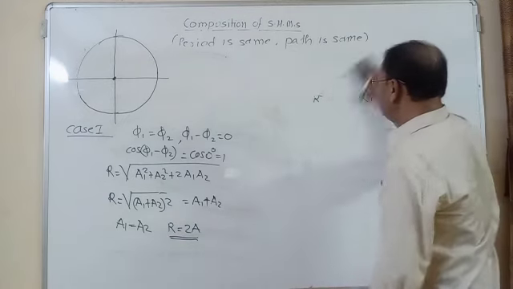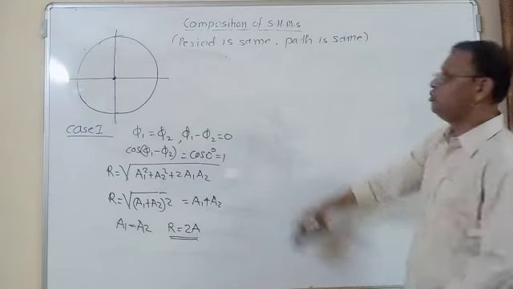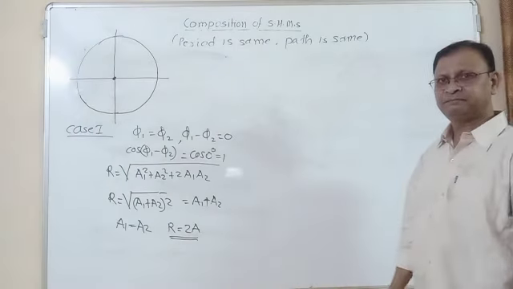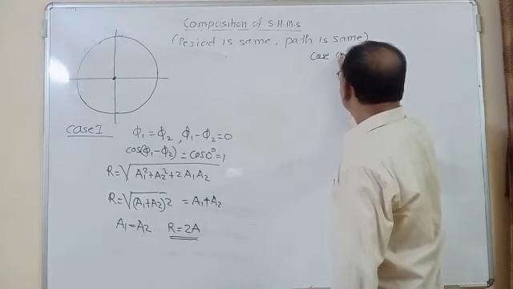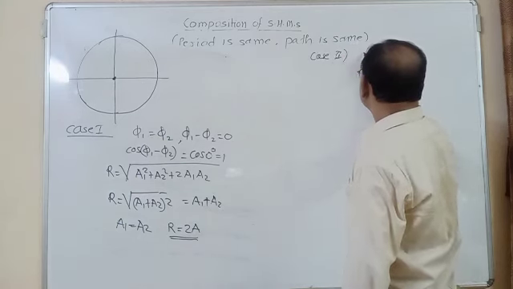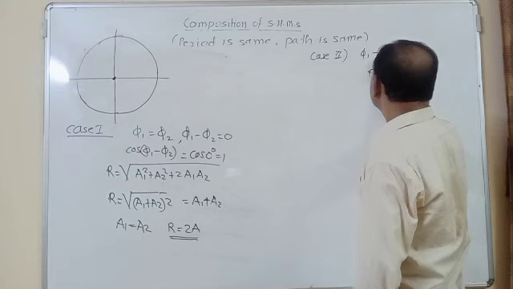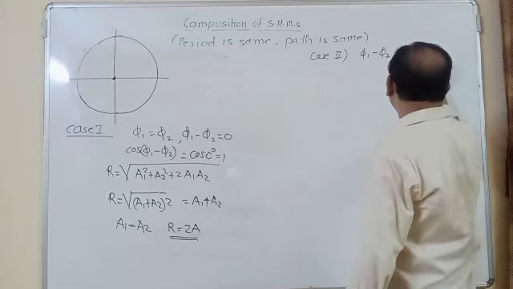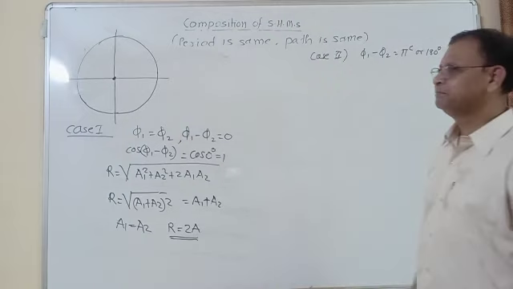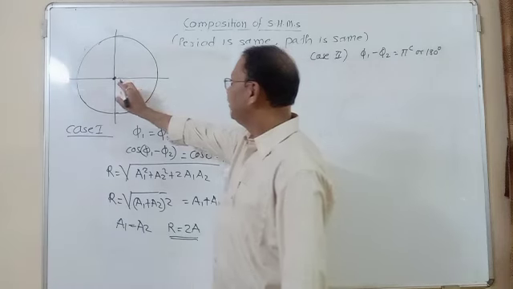In second case, suppose the two simple harmonic motions are out of phase, that means phase difference is pi radians, that is phi1 minus phi2 is equal to pi radian or 180 degree. What happens? Phase difference pi radians.